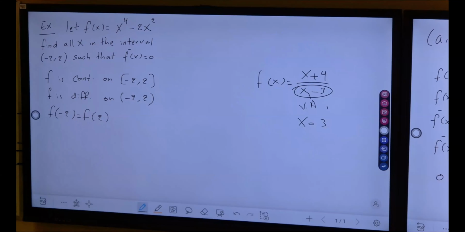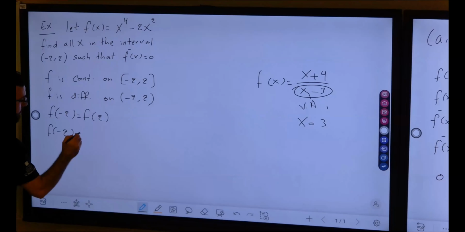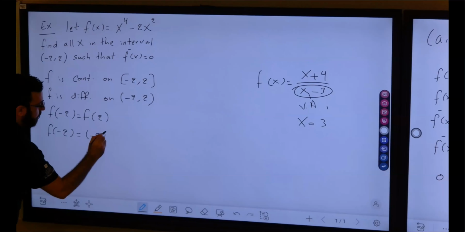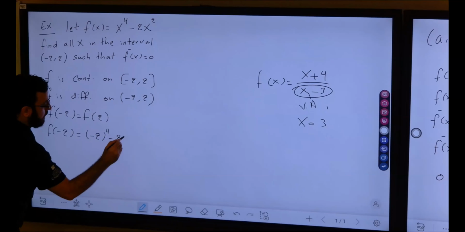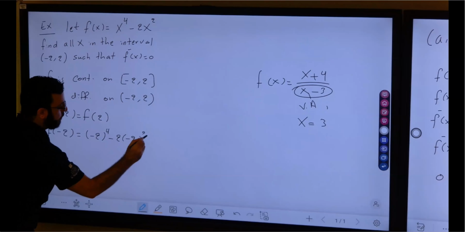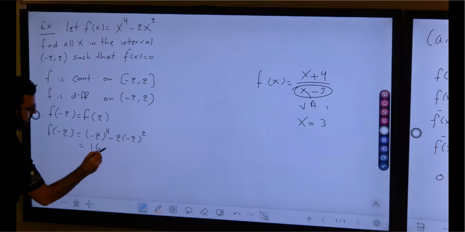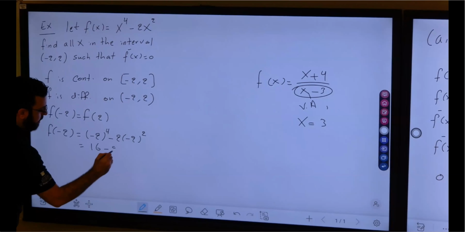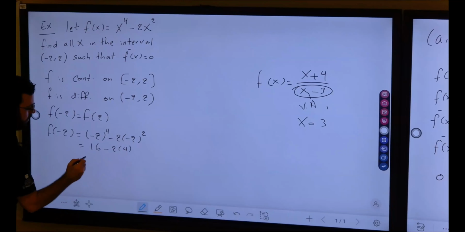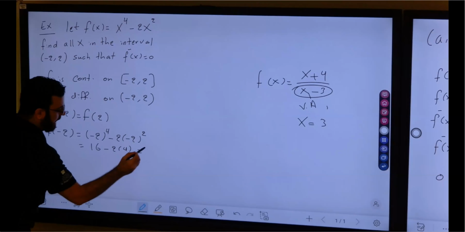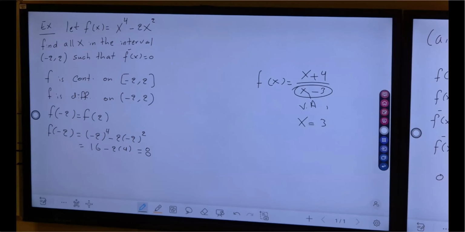So we can use Rolle's theorem. Now, f of -2 equals, plug in -2 here. So -2 to the power 4 minus 2 times -2 squared, which is equal to 16 minus 2 times 4. And then 16 minus 8 is going to be 8.